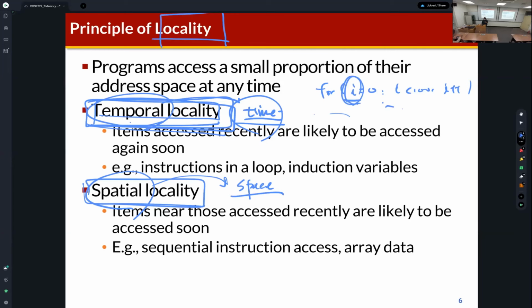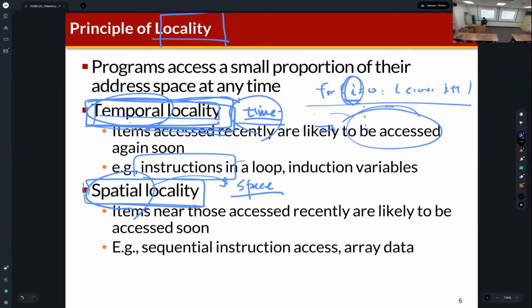Okay. So we can find several instructions inside the loop. When these instructions are repeatedly executed, the same instructions are requested to instruction memory, right?